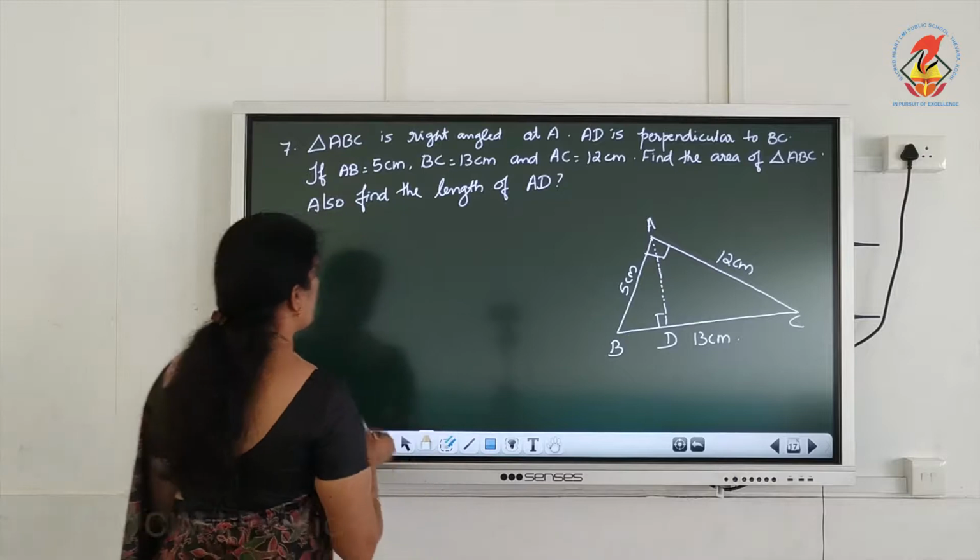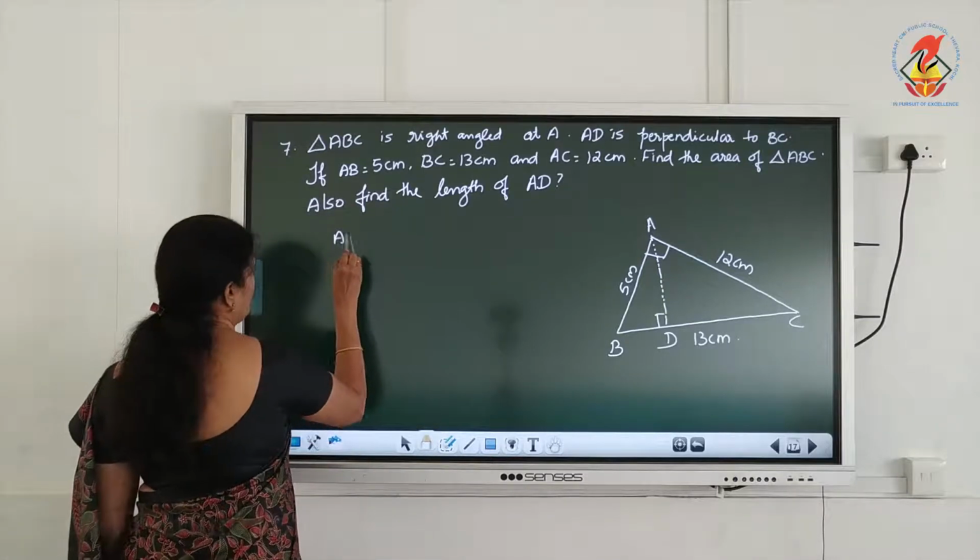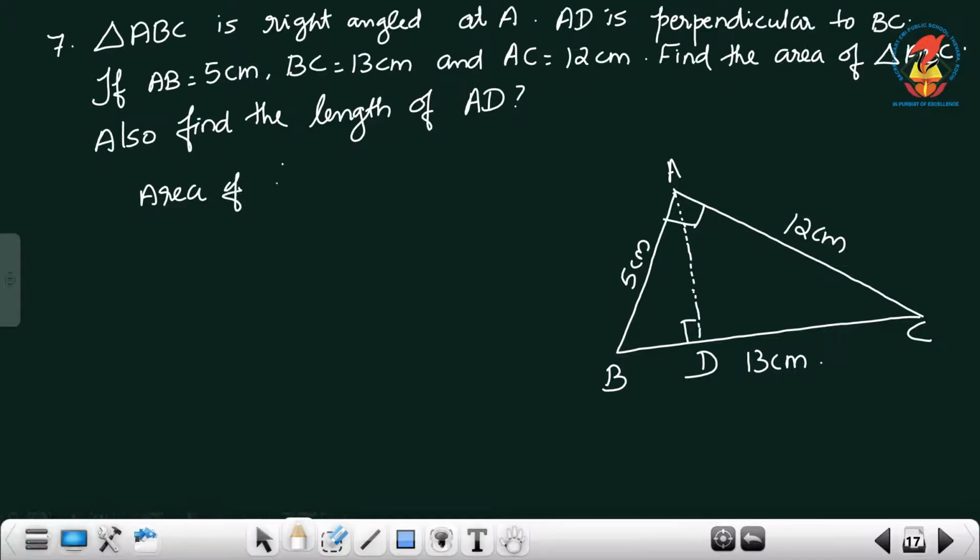Okay, that means area of triangle equal to half into base into height.